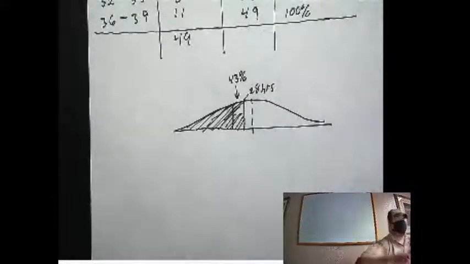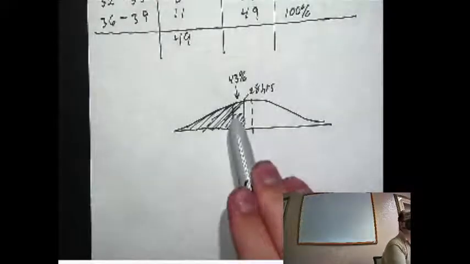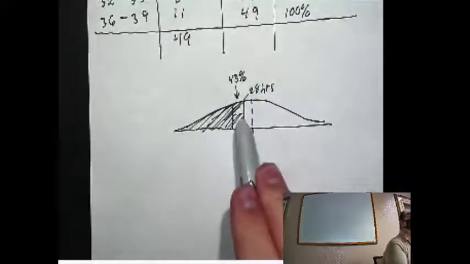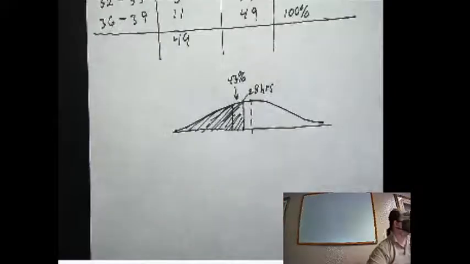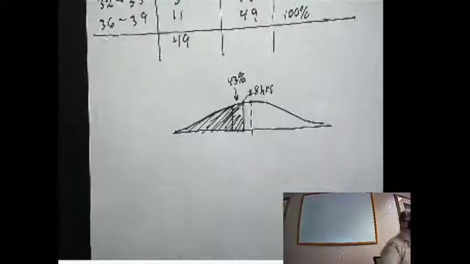So we can get probabilities now. If we were to just select one of those students at random, there's a 43% chance that they are in this category right here. They work below 28 hours on homework a week. Does that make sense? Okay. So that's what these cumulative frequencies are for. They're these running totals that allow us to do things like this.